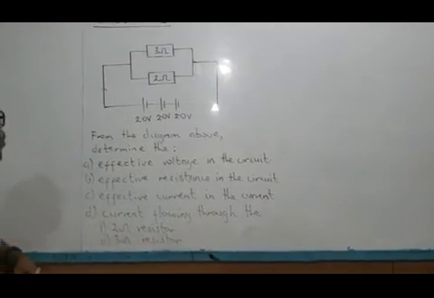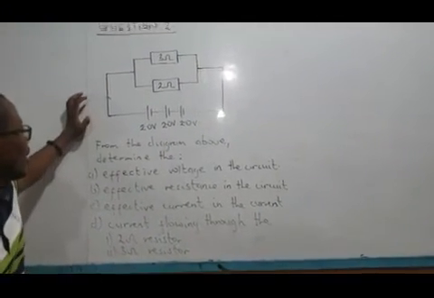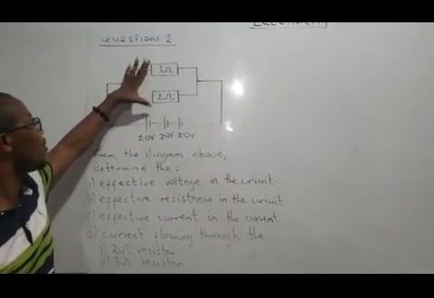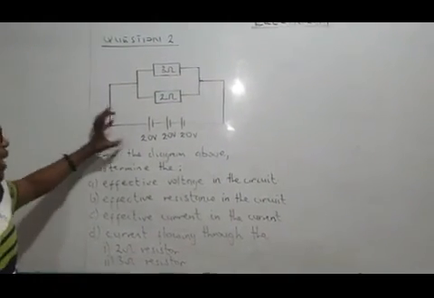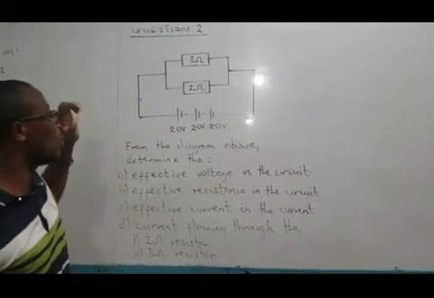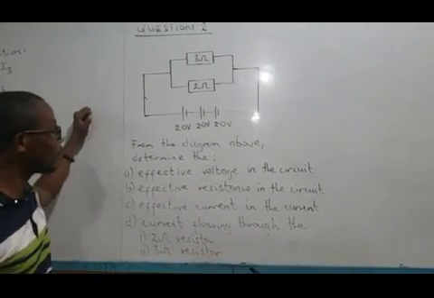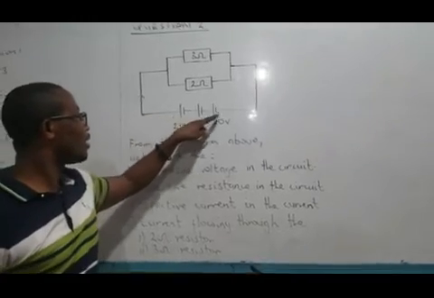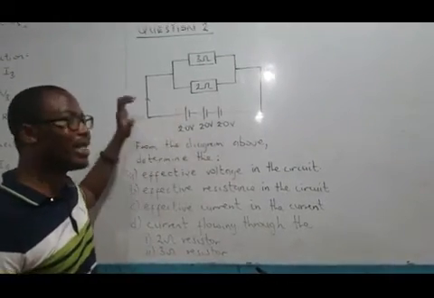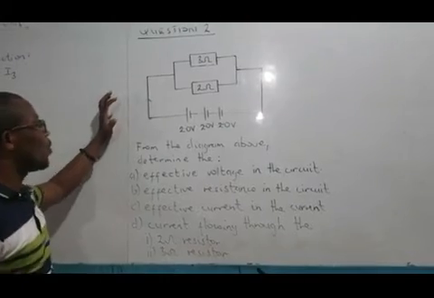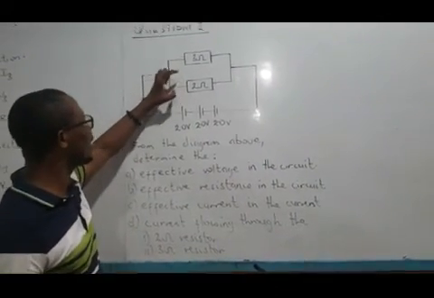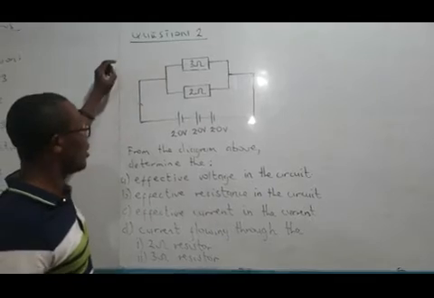So over here we have 2 components. We have cells, and then we also have resistors. We have 3 cells here. Each of the cells has a voltage of 2.0 volts. And just as in question 1, the cells here are connected in series. Over here too, we have 2 resistors, 2 ohms and then 3 ohms.